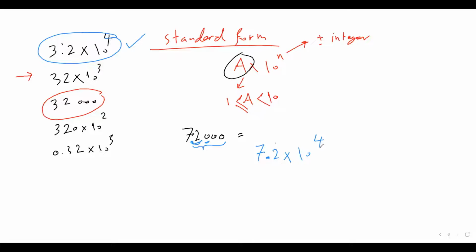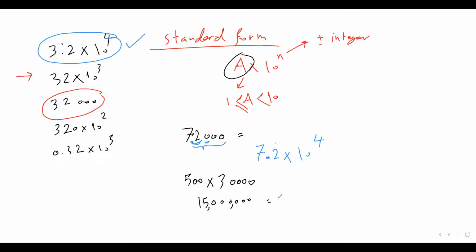And now we have something like 500 times 30,000. So if they ask you to find the answer in standard form, you have to do the multiplication and then worry about the standard form. The answer would be basically 15 with 6 zeros after it, and that is 15 million, right?